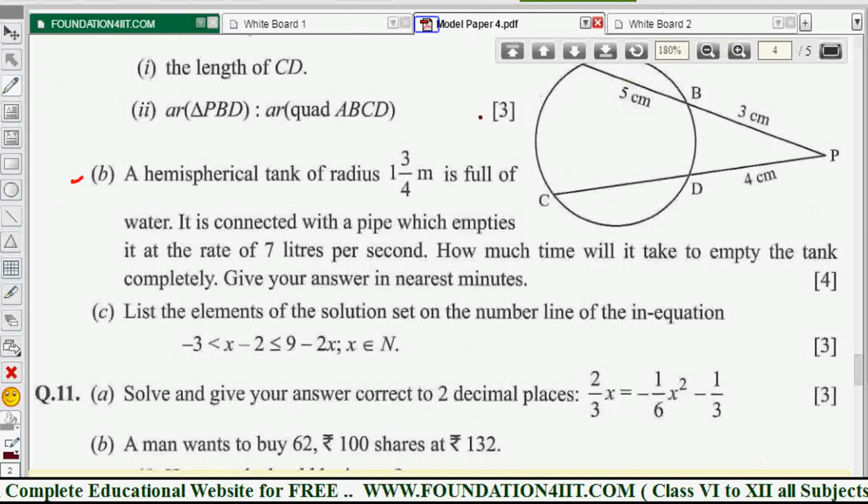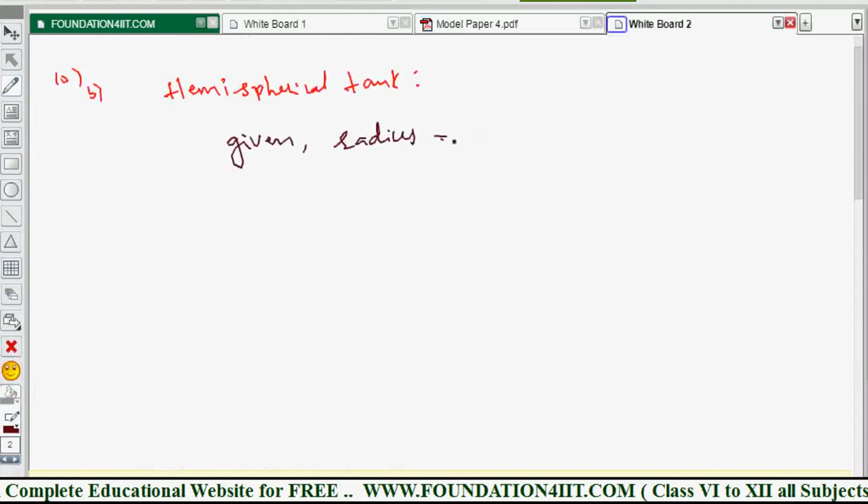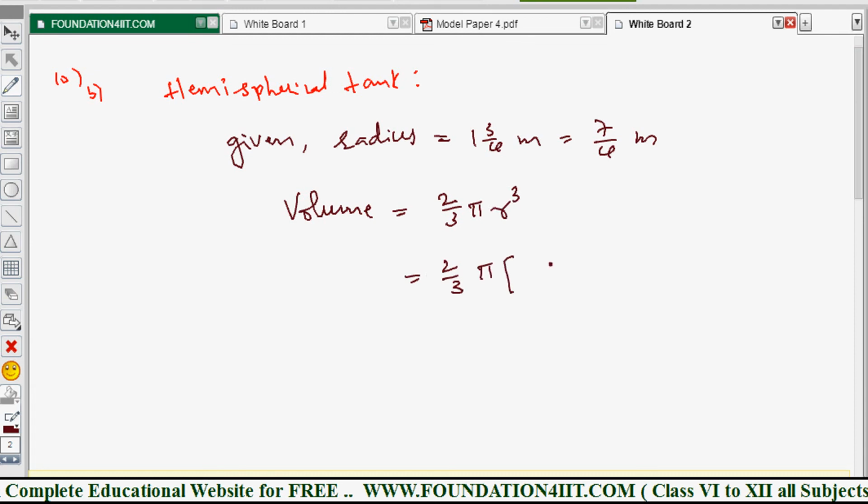So 1 3 by 4 meters is equal to 7 by 4 meters. Then let us find out the volume. The volume of the hemisphere is 2 by 3 pi r cube. So that is 2 by 3 pi, r is 7 by 4 to the power 3, in cubic meters.